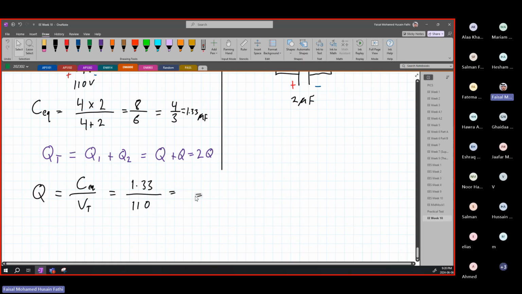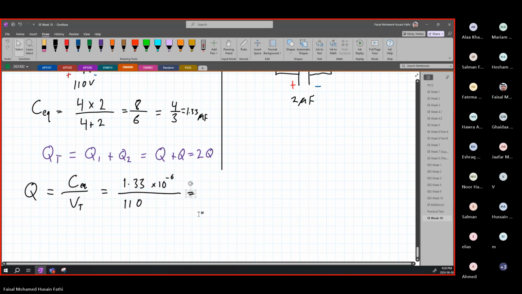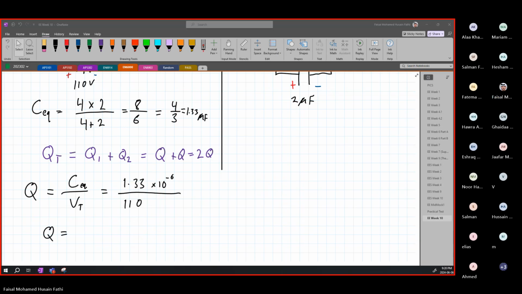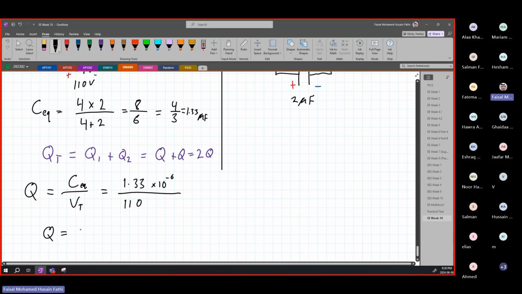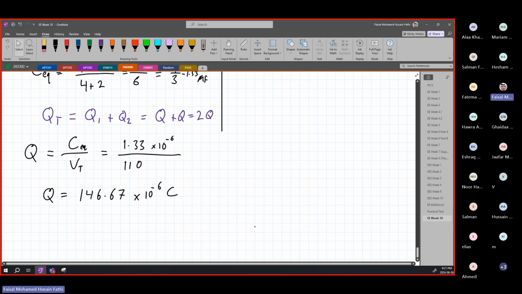So I need to multiply by 10 to the negative 6. Okay, so 1.33 times 10 to the negative 6 over 110, which is going to be equal to Q is going to be equal to 146.67 times 10 to the minus 6 coulombs, or you can say it's equal to 146.67 micro coulombs.